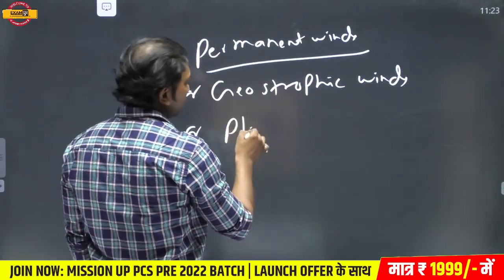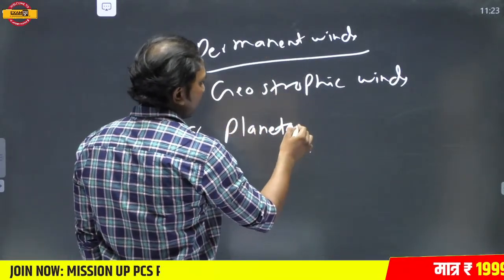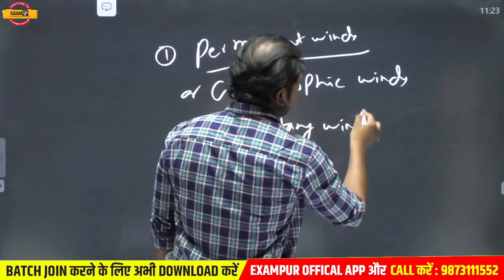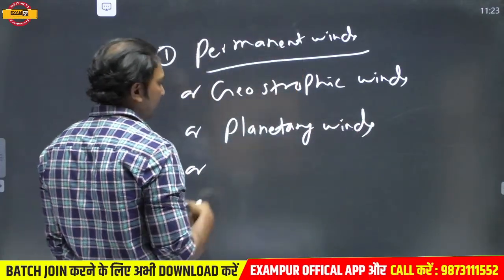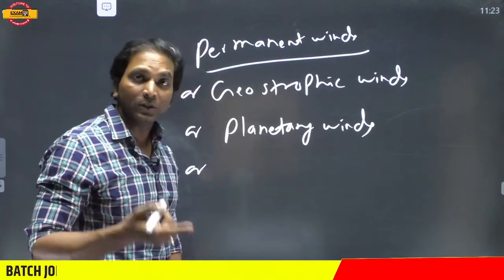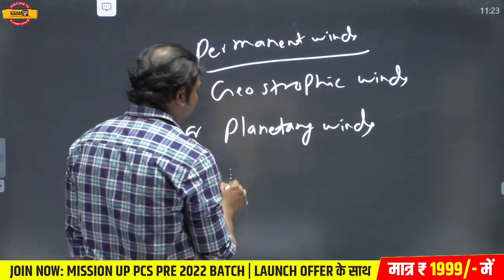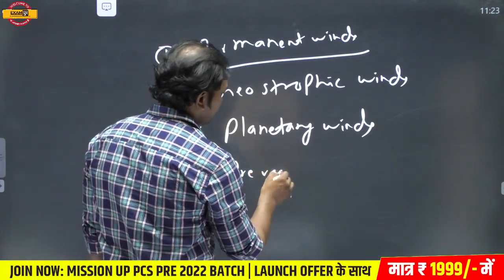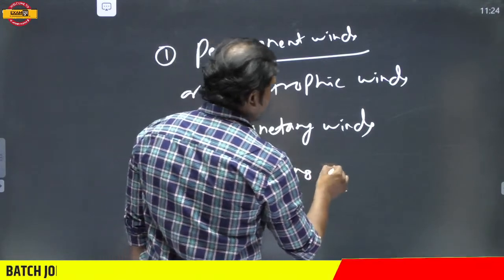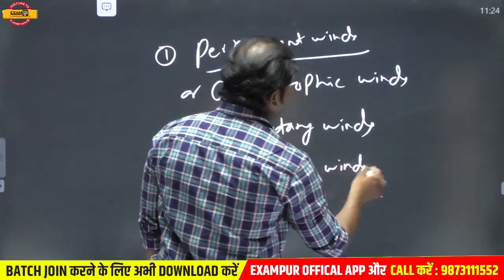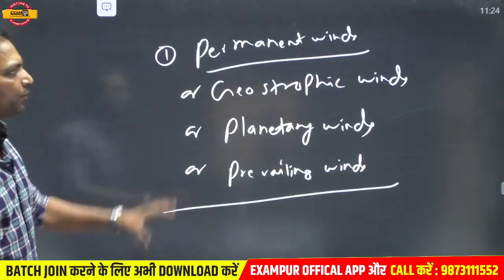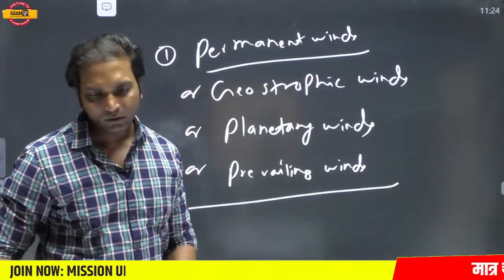Then this is also called planetary winds, and it has another name also, and that is the prevailing winds. So there is a need to remember these 4 names of these winds.